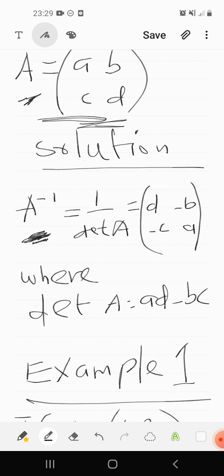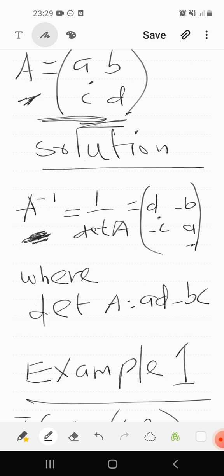After getting the determinant, you interchange the positions of A and D. So A will go here and D to the other side. See, they have interchanged their positions. Then you maintain the positions of B and C, but you negate them.